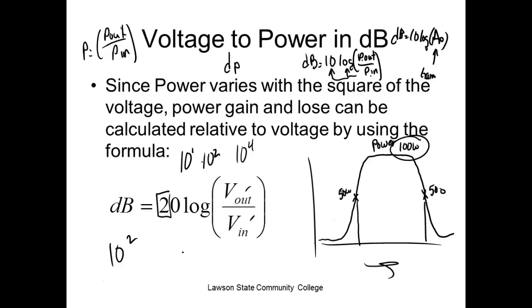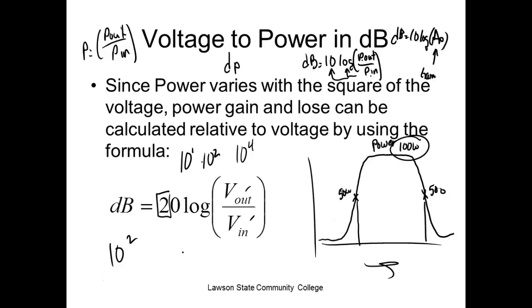I can measure my output voltage, divide it by my input voltage, take the log of that, and then square it by multiplying by what? 20. So we just squared the voltage, which is what the power is. Power varies with the square of the voltage, right?